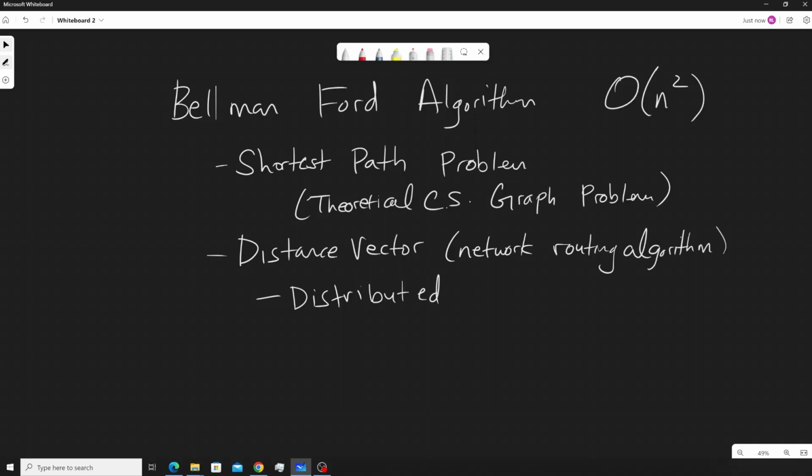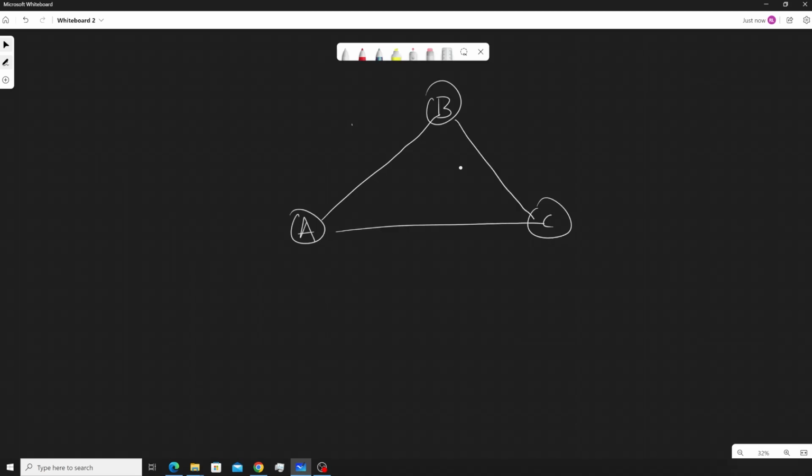Let's look at an example. The first example that we're going to look at is a simple network. Let's say A, B, and C. This is a simple autonomous system composed of 3 networks, A, B, and C. So there's a single central network operator who operates these 3 networks.